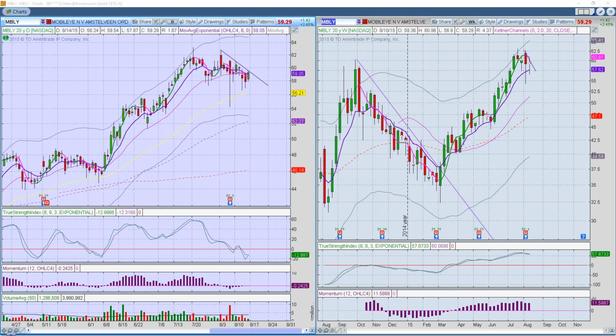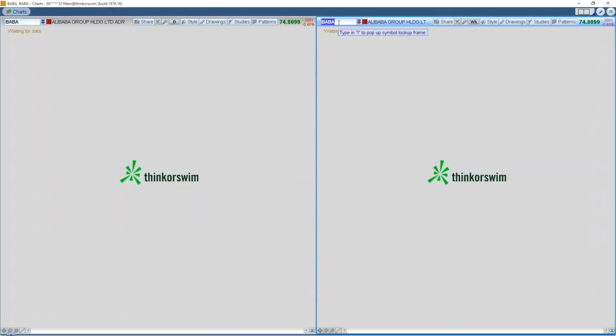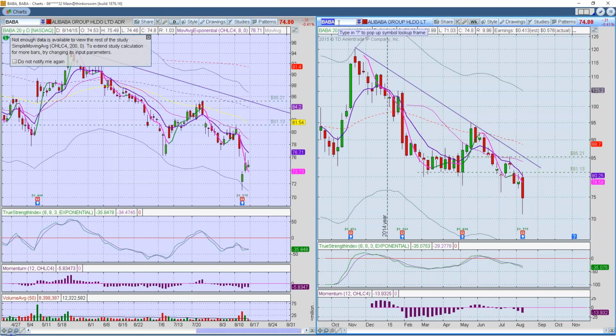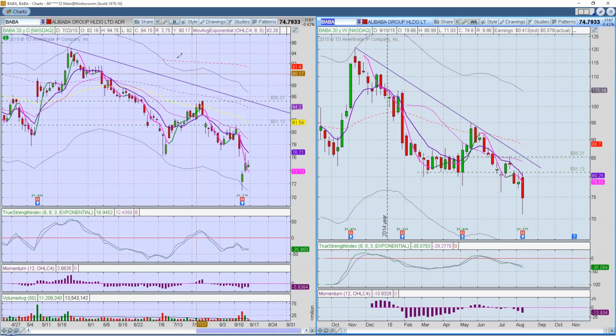So let's see, Mobley, Baba. If you're going to be trading Chinese stocks, please trade them very quickly. They can provide some really nice, fast runs, but they can also fall apart very quickly.